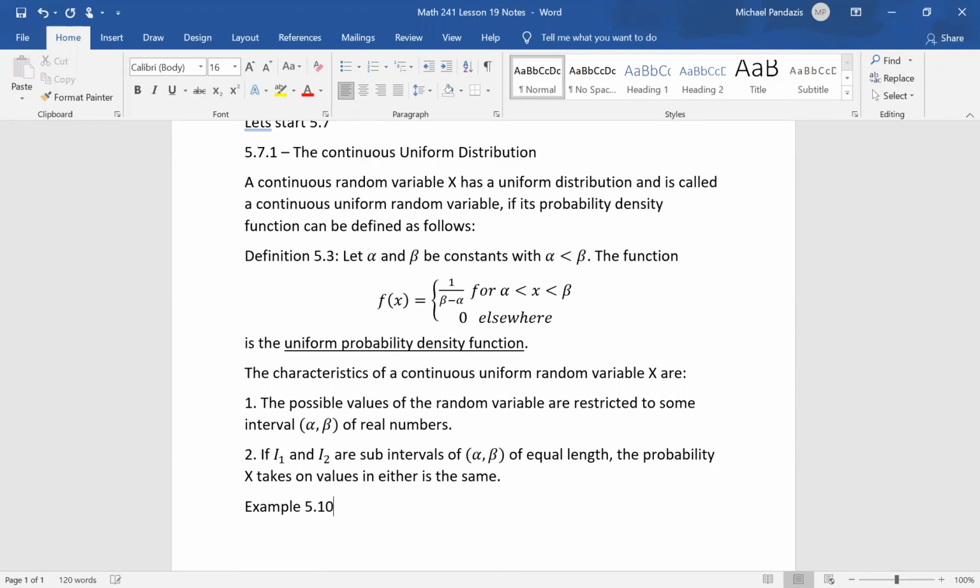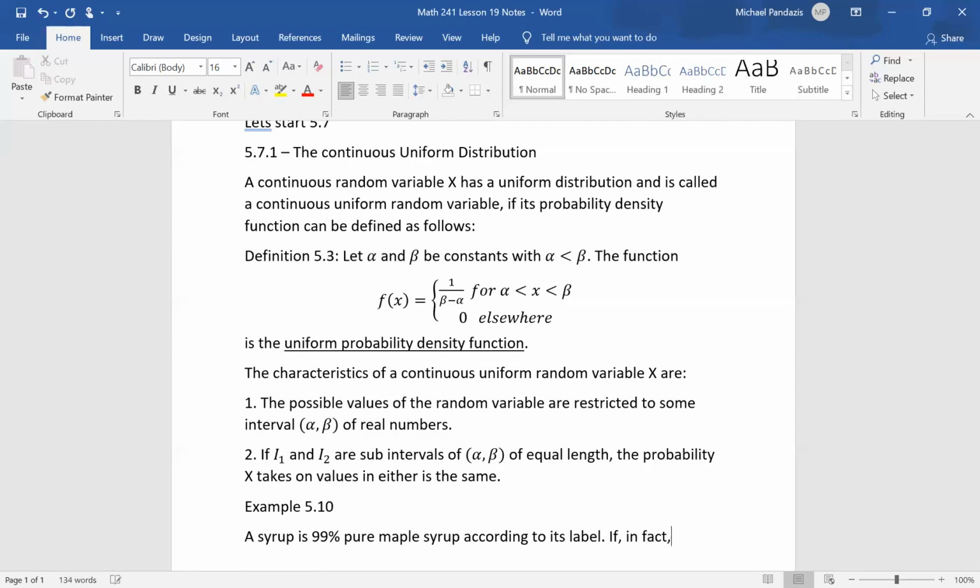So this is example 5.10. A syrup is 99% pure maple syrup according to its label.